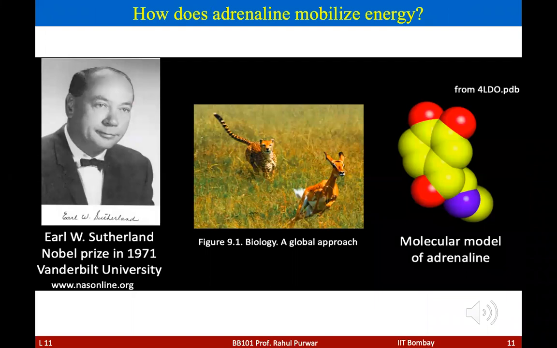So let us learn what the mechanism is by which adrenaline mobilizes energy. Actually, the molecular model of adrenaline action was discovered by Mr. Sutherland in 1971, for which he also got the Nobel Prize.